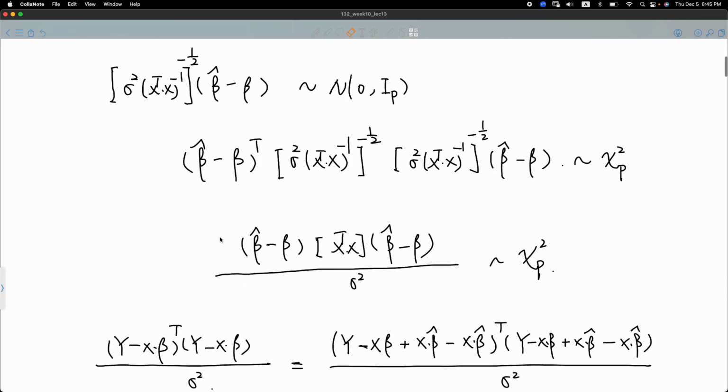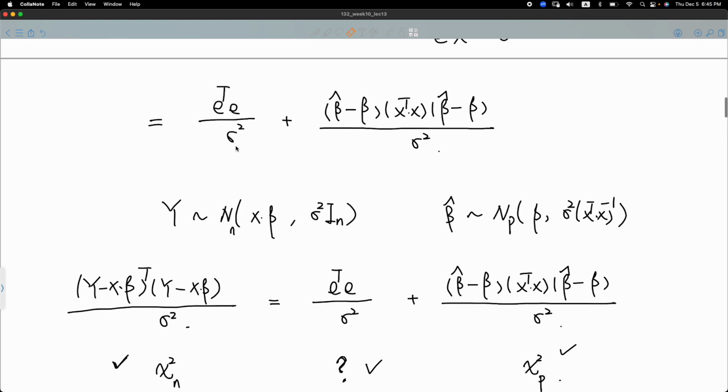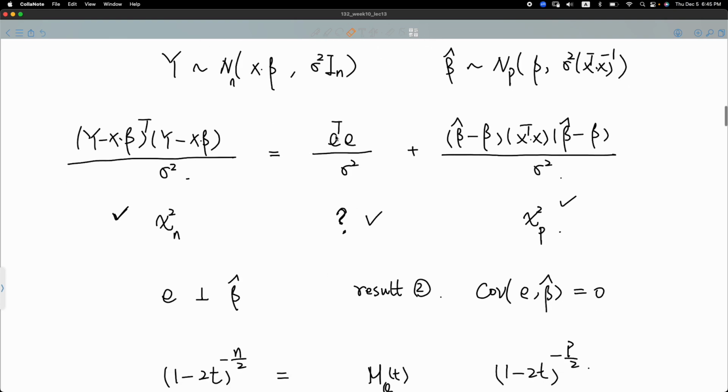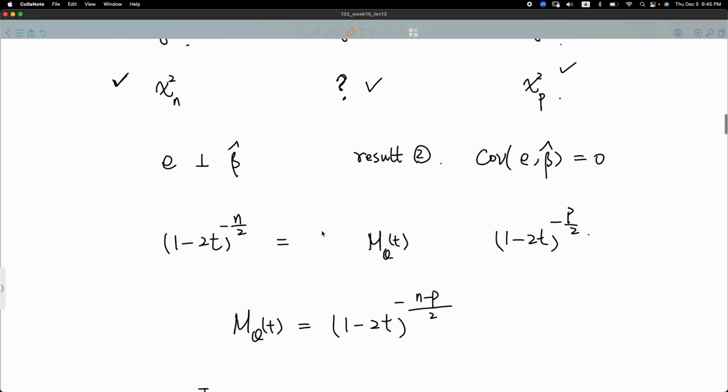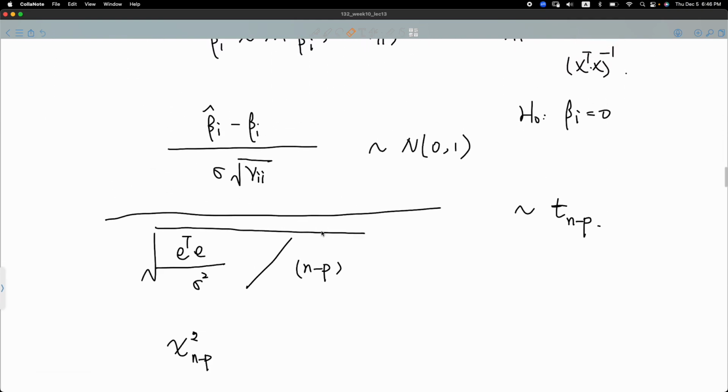So we first know that this one follows a chi-square distribution, but one of the components is unknown, so we're not able to perform hypothesis testing. That's why we need to calculate and know the distribution for this particular term. And then we borrow the distribution from the t distribution to calculate the p-values, or to reject or not reject the null hypothesis.